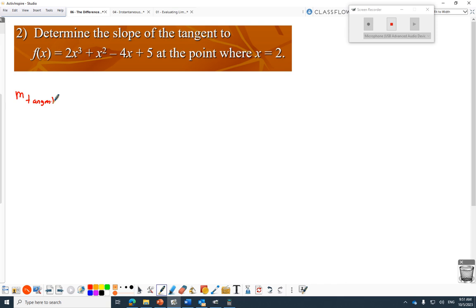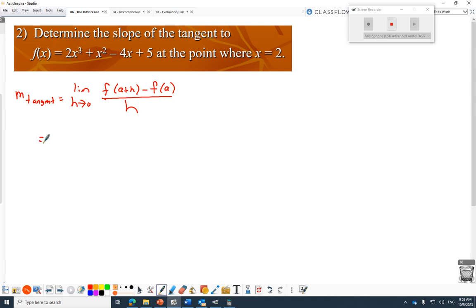equals limit as h approaches 0, f at a plus h minus f at a over h. If you don't have it memorized yet, you won't be able to help it. You'll write it down so many times that you'll have it memorized. Or maybe you write down this version of it.